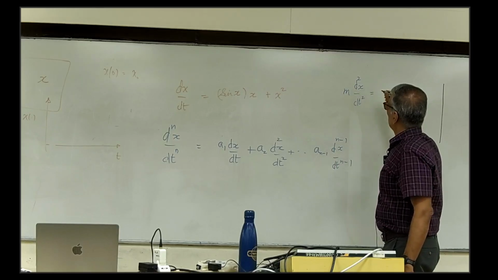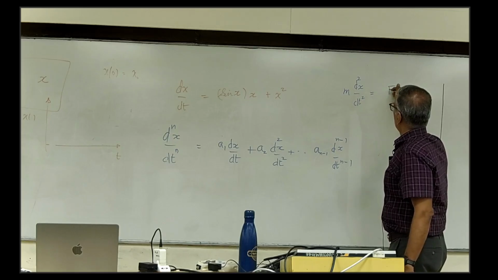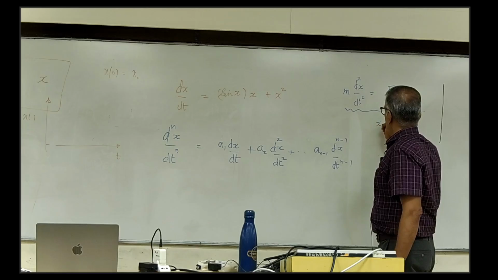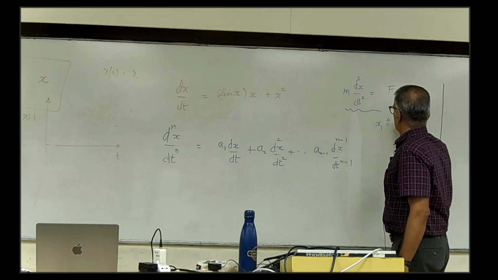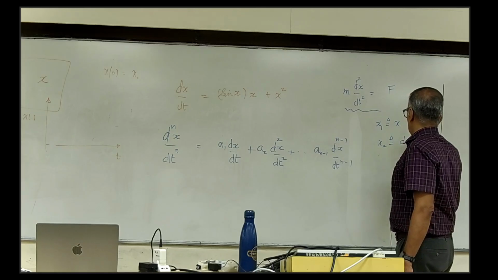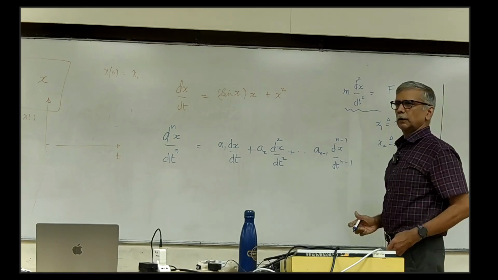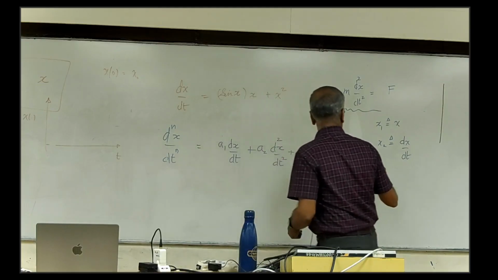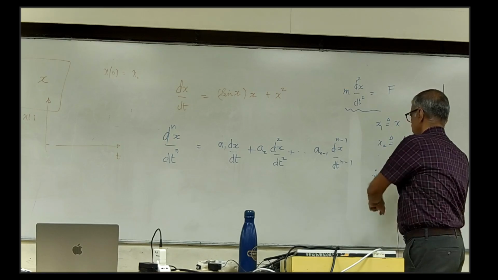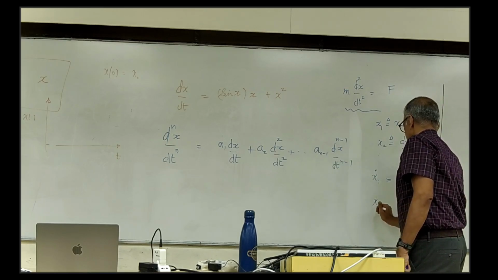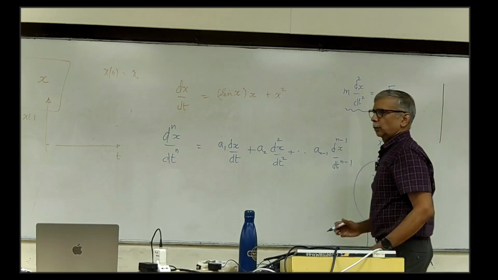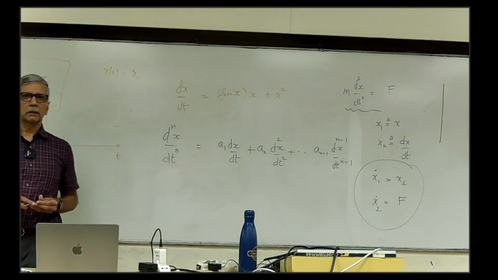Mass times acceleration is some force or a control or an input, and you can say one state is position and one state is velocity. And you could then write this system of equations as x1 dot equals x2. This is dx1 by dt. So you have two first order differential equations.